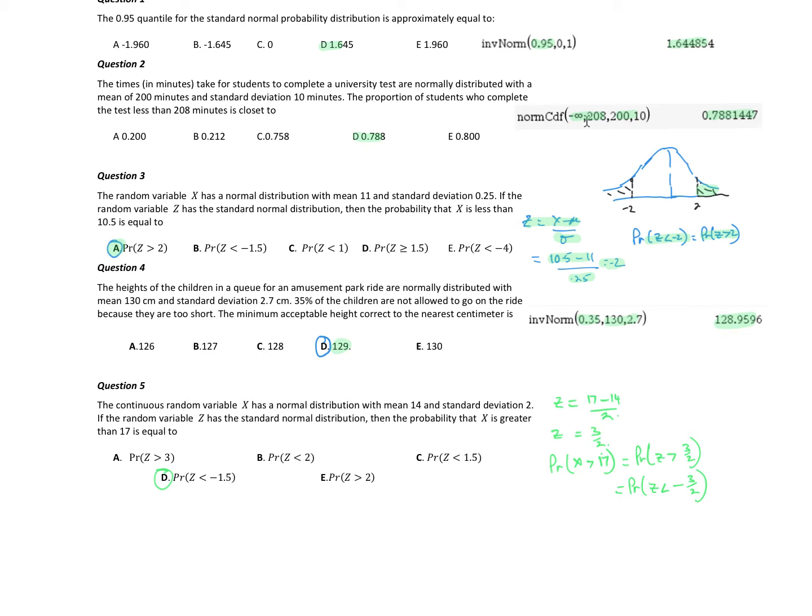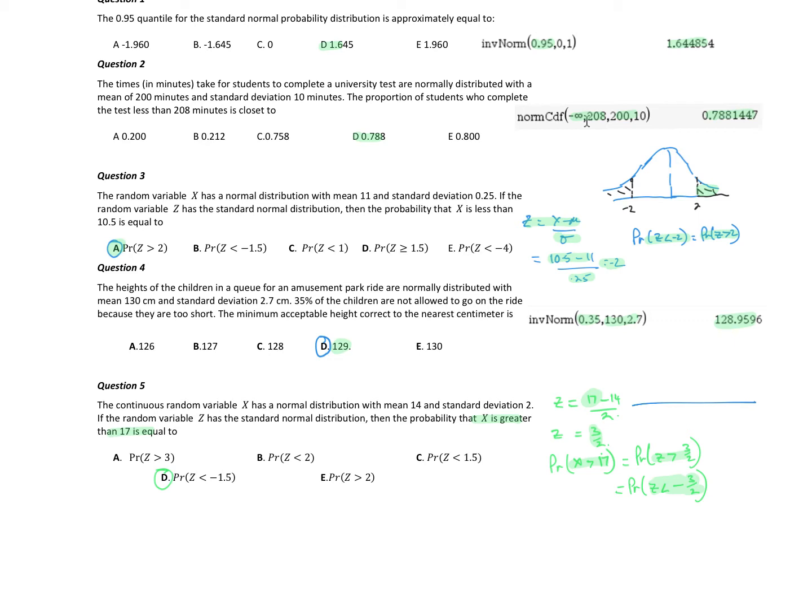What have we got? X normally distributed, mean 14, standard deviation of 2. Again, we're trying to find equivalent expressions here. So what is the probability of X being greater than 17 the same as? Well, if X is equal to 17, an equivalent Z value is 3 on 2. So the probability that X is greater than 17 is the same as the probability that Z is greater than 3 on 2, which is equivalent to Z being less than -3 on 2, because that'll give me the other part of the distribution.